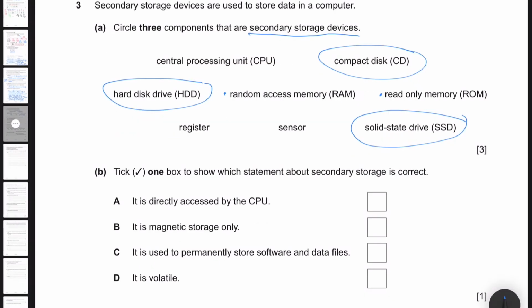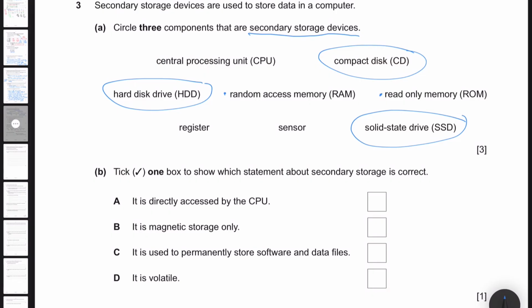Part 3B. Tick one box to show which statement about secondary storage is correct. It is directly accessed by the CPU. No, it isn't. It is magnetic storage only. No, it isn't, solid state. CDs are not magnetic. It is used to permanently store software and data files. It is volatile.